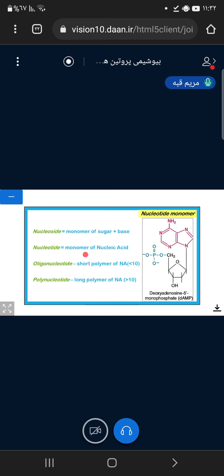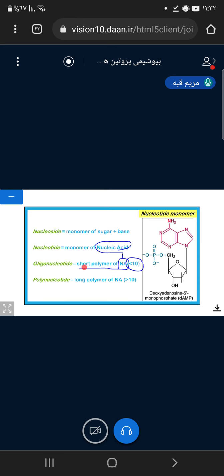So nucleotide is a monomer of nucleic acid. When less than 10 nucleotides are added together, a short polymer of nucleic acid is formed and it's called oligonucleotide.